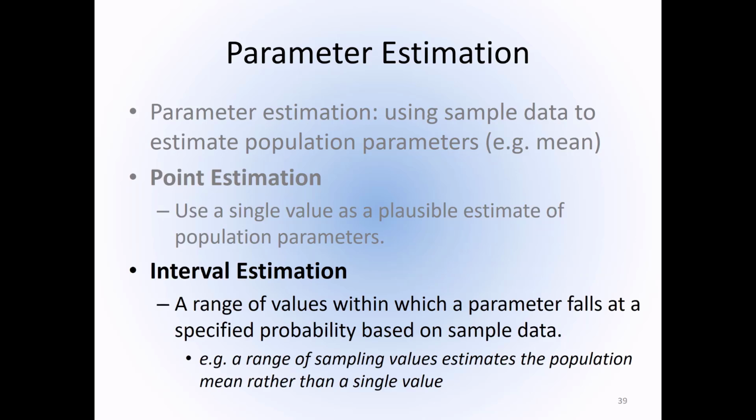And so in addition to providing a point estimate, a single value, it's also important to provide a range of values over which we feel confident that even if our population parameter is not exactly the same value as our statistical point estimate, it falls within that range of values, and we can indicate how much confidence we have in this particular range of values.